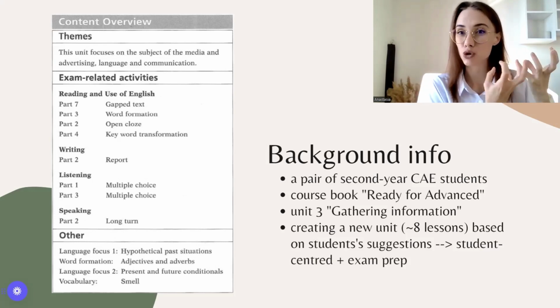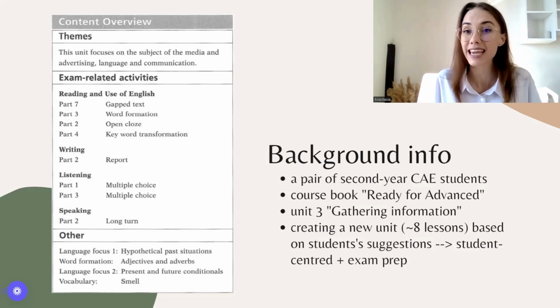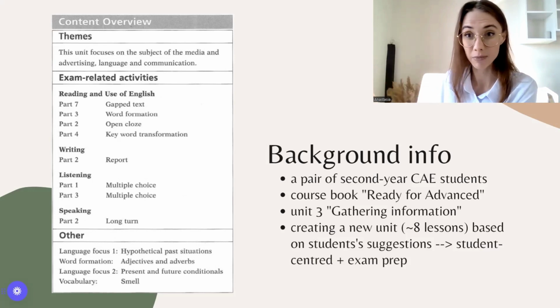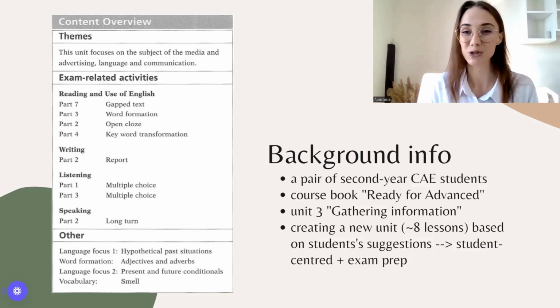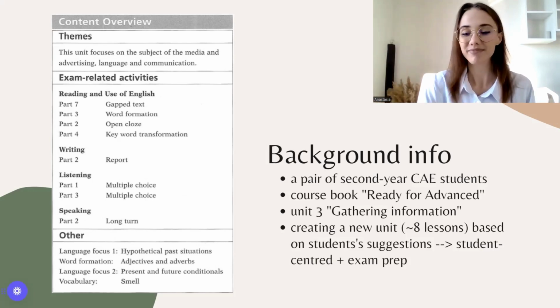I want to make it student-centered, so that students feel that they take ownership of the process, that they can suggest something and we can actually implement it in class. But also, of course, since this is an exam preparation course, I want us to still practice exam tasks. And yeah, this is what we need. So sounds like a plan.